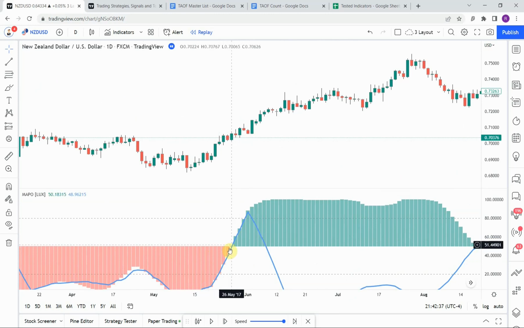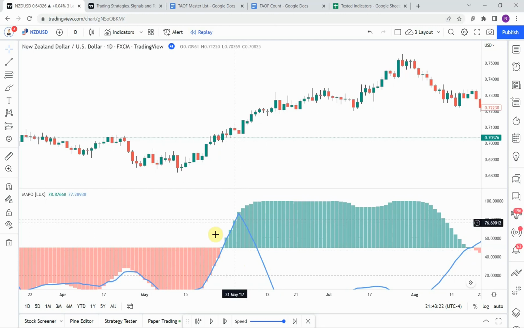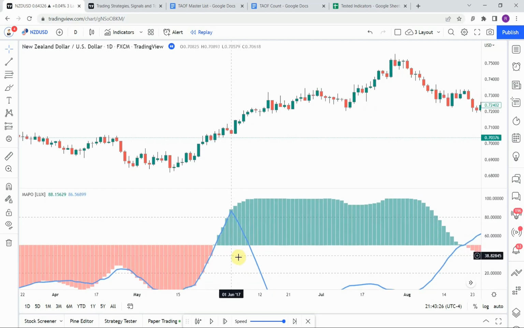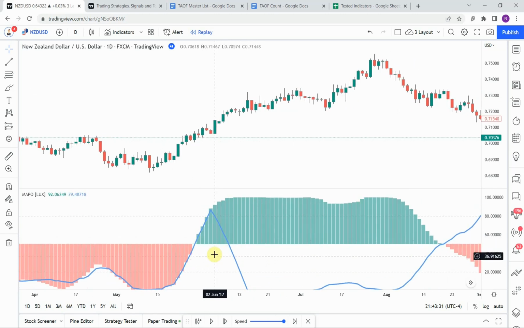Then we are looking for when the blue line is either above that 50 marker, that zero line there, or it crosses above that zero line, then we would go long.